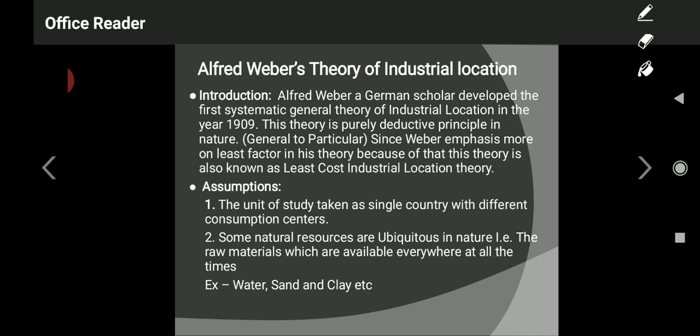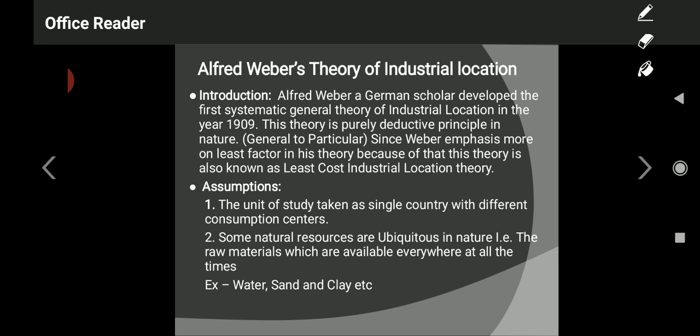Again, in Belgaum district, in which place? Belgaum district has 10 talukas. In which place are you going to locate your industry? Suppose you have selected, for example, Gokak taluka. In Gokak, which place are you going to select? That is the question. So this is what general to particular is.